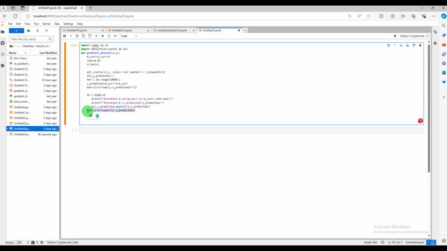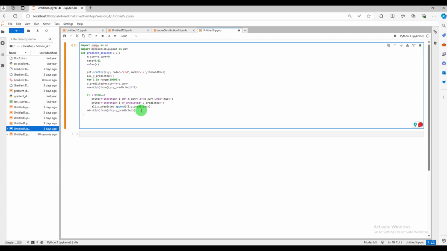Okay. Let's copy this line. Change md to yd: minus, okay, sum y minus y predicted. Okay.